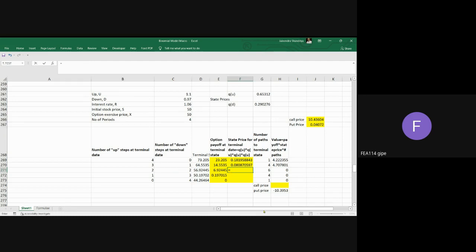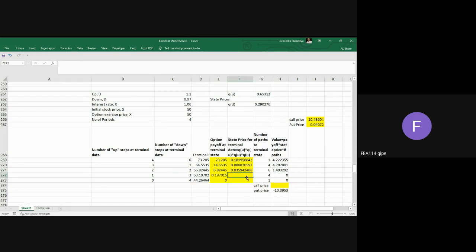Here I again know that it is 2 times up and 2 times down, so this raised to power 2 into QD raised to power 2. So I got 0.0359.